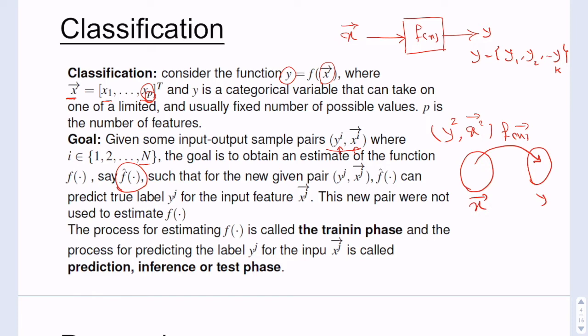Then for new pairs, we wanted to see if we just feed the feature, we can get the true label for that feature. If you want to see if you have a good estimate of this function, then this estimation should be able to also predict for the unseen values during the training.